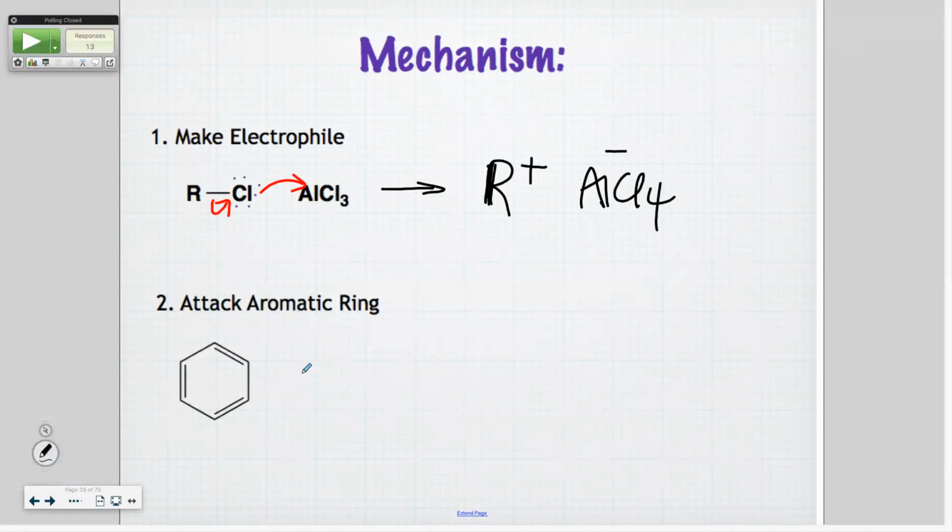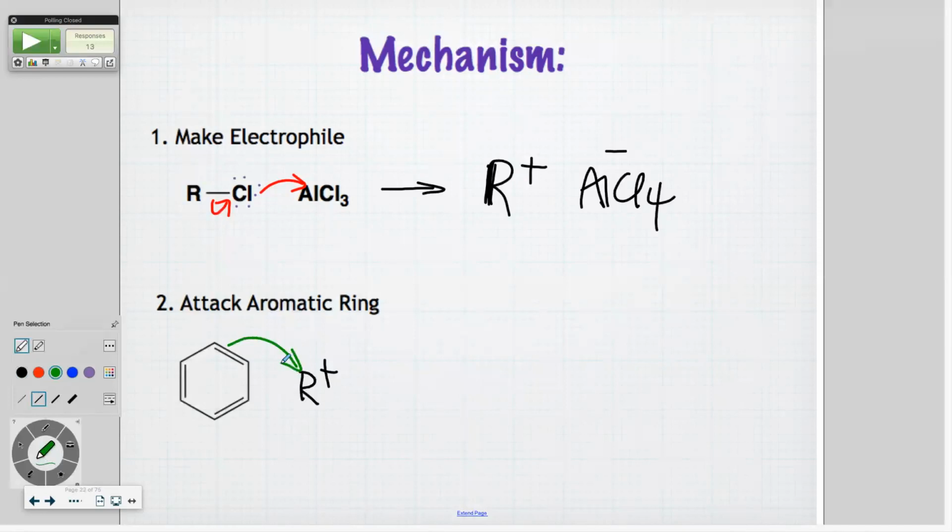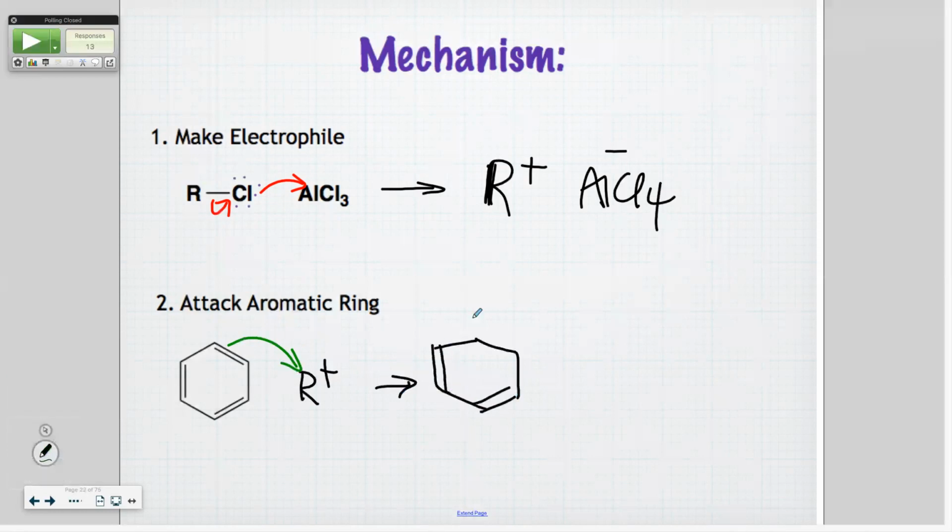Okay, so now we're going to add our carbocation to our benzene. Okay, remember how you draw the arrow, the electron movement. Don't draw the R plus going there. It's going there, but that's not what the arrow is. Okay, so now we got, here's our benzene. I'm going to draw what didn't change.